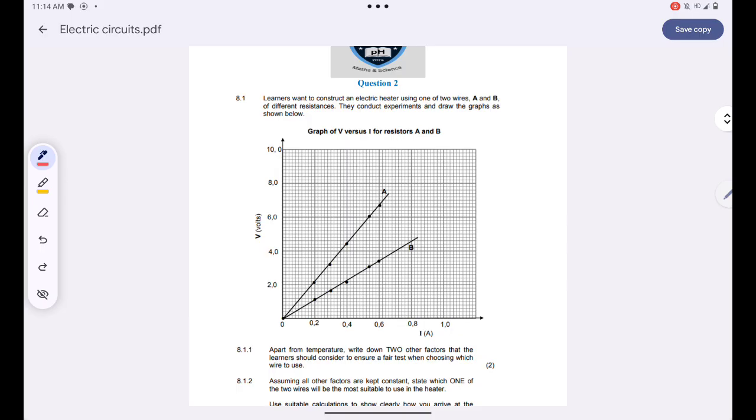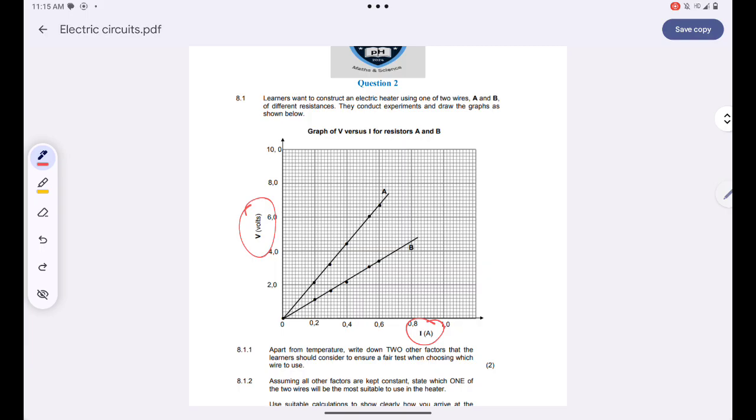Learners want to construct an electric heater using one of two wires A and B of different resistances. They conduct experiments and draw the graphs as shown below. We can see that on the x-axis we have the current flowing through the conductor, and on the y-axis we have the potential difference.